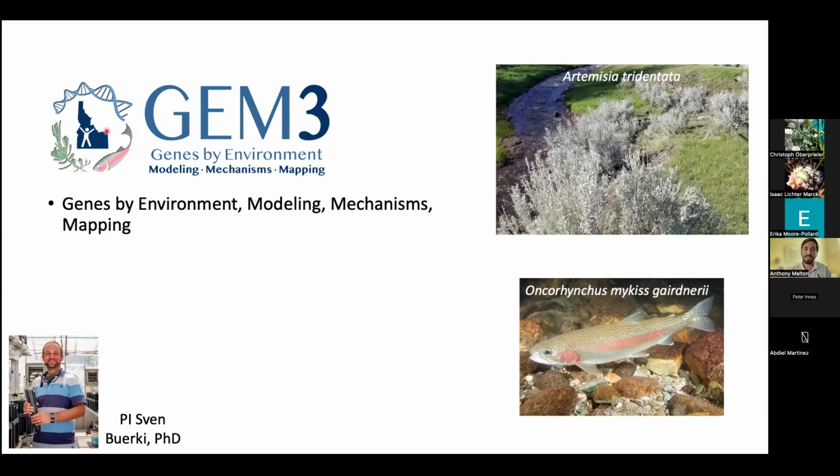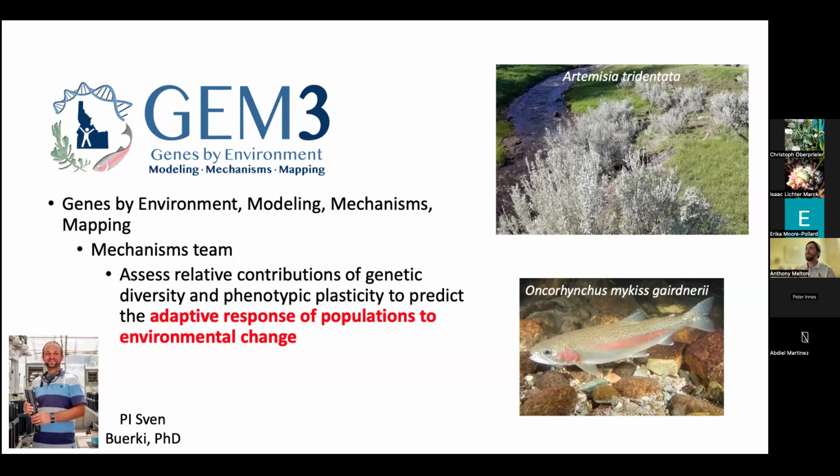Specifically for the mechanisms team that I was a part of, we used genetic analyses, genomic analyses, and phenotype data, and some other interdisciplinary methods to study how organisms respond to things like drought stress, to help improve predictions of how different populations would be able to respond to environmental change, particularly change such as climate change.